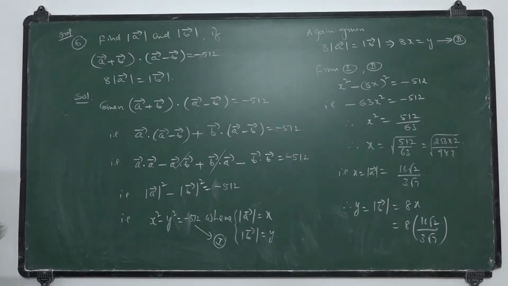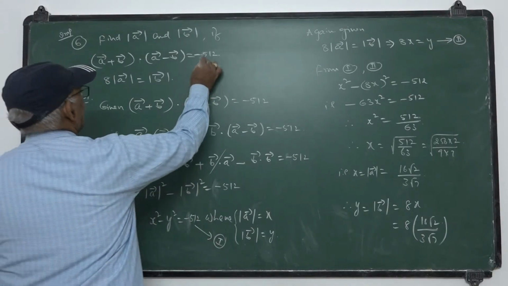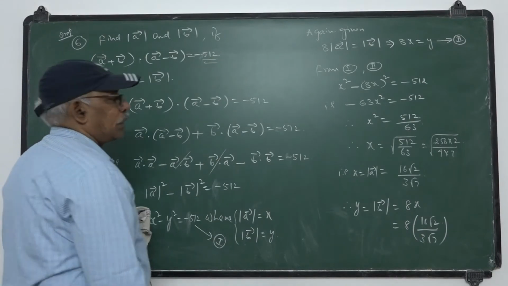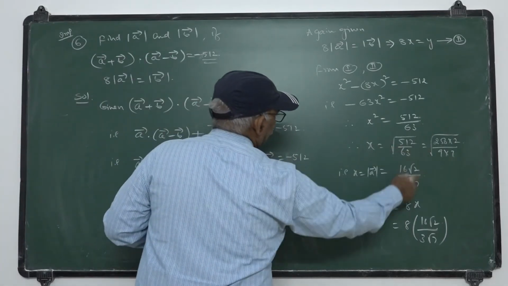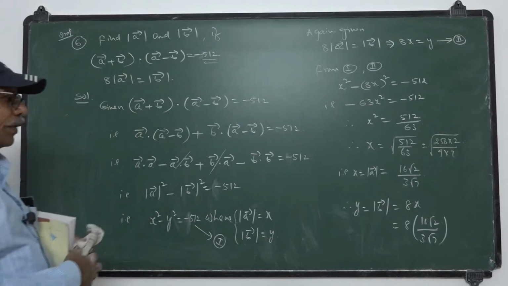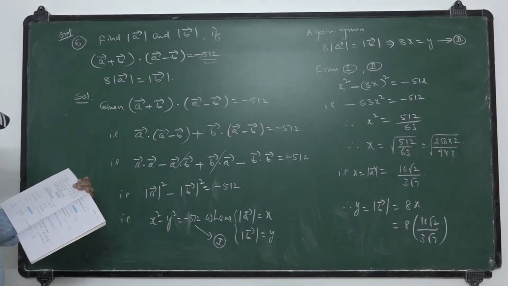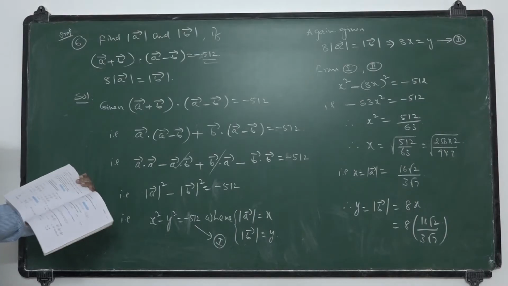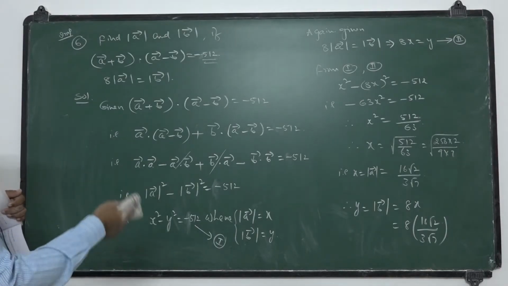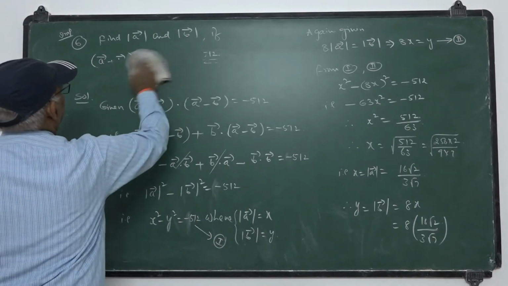This is x and y, mod A bar and mod B bar. X must be 16 root 2 by 3 root 7. As per given answer, here mod A bar is given 16 root 2 by 3 root 7. Y is different. So as per our given conditions, x and y are like that. Okay.